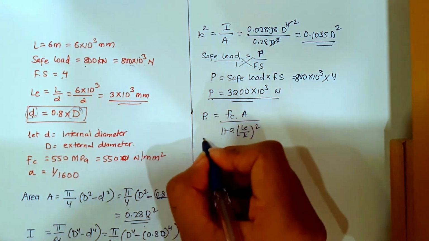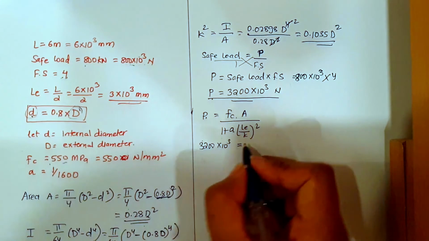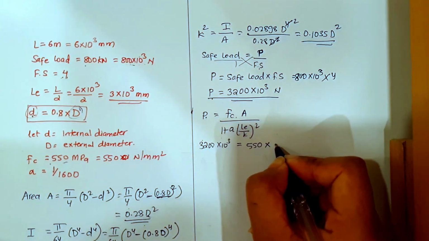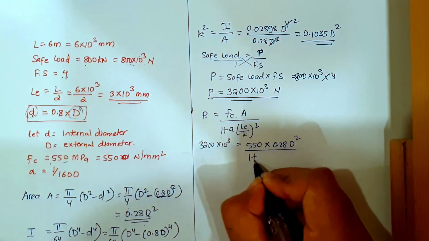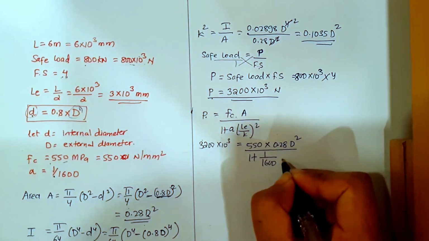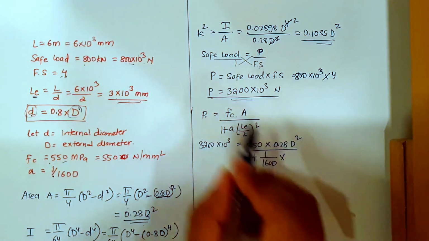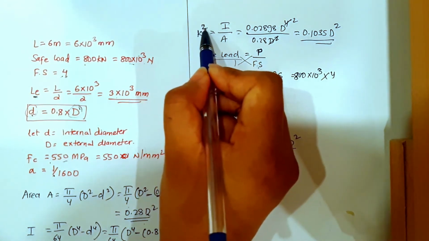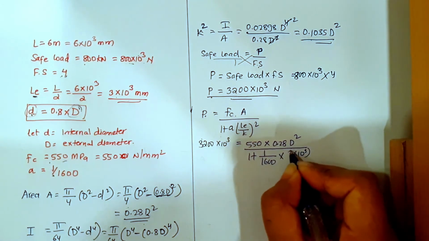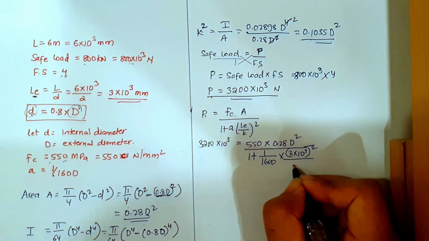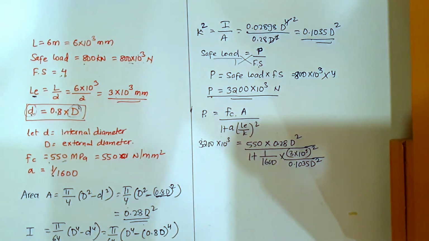So we got 3200 into 10 raised to power 3 equals F of C, which is 550, into area 0.28 D square, divided by 1 plus alpha, which is given as 1 by 1600, into LE square. Here we cannot take LE by K square directly, because we have found the value of K square directly, so we only have to square LE. LE we got as 3 into 10 raised to power 3, its square divided by K square, which is 0.1035 D raised to power 2. Okay, so this is how you will write.